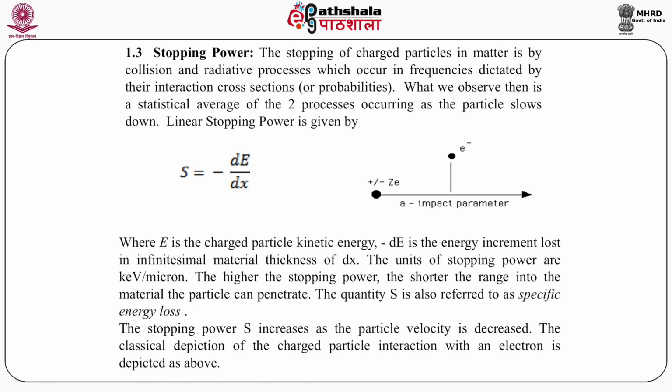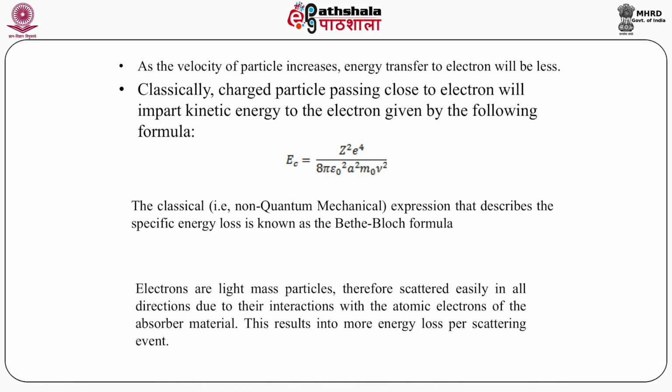The classical depiction of the charged particle interaction with an electron is shown below. As the velocity of the particle increases, energy transfer to the electron will be less. Classically, a charged particle passing close to an electron will impart kinetic energy to the electron given by the following formula.